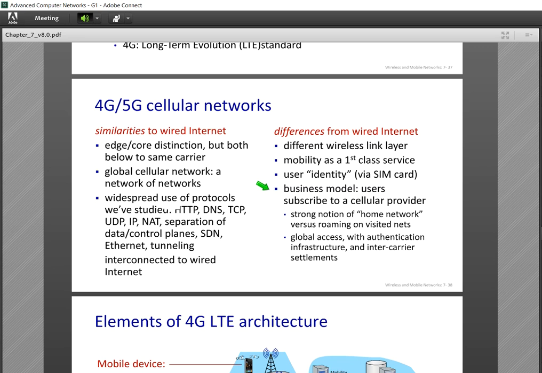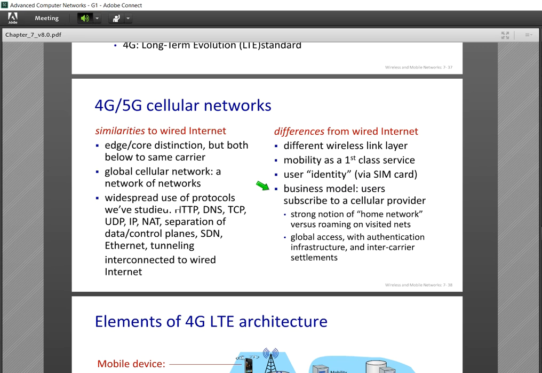So I have a home network and a visitor network, and I can change my roaming from my home network to the visitor network. Okay. So I have global access.